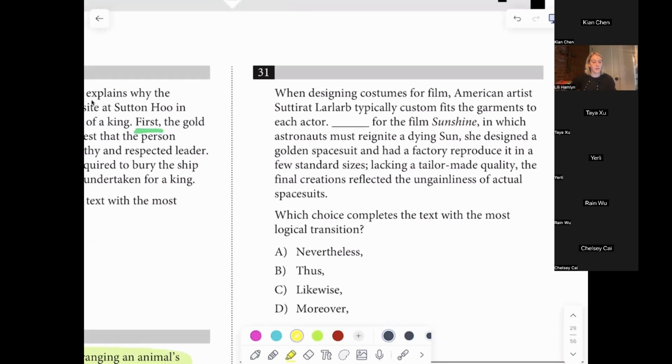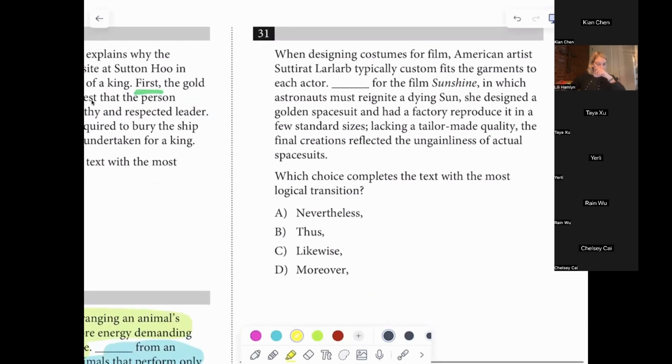Should we do the last one? What did everyone get for 31? Okay, there's a bit of confusion here. So when designing costumes for film, American artist Sutria Lalab typically custom fits the garments to each actor.